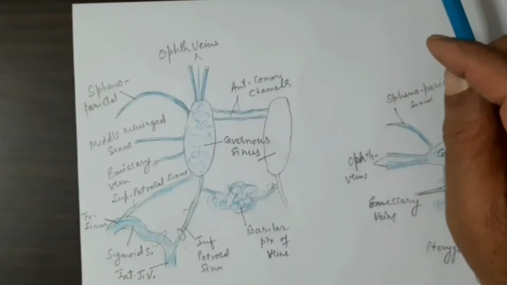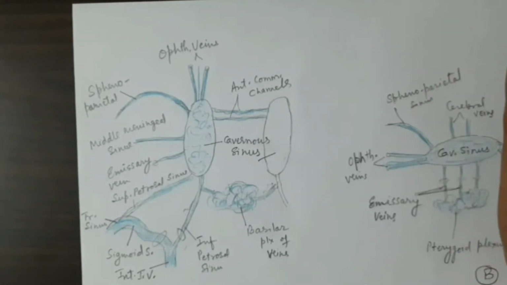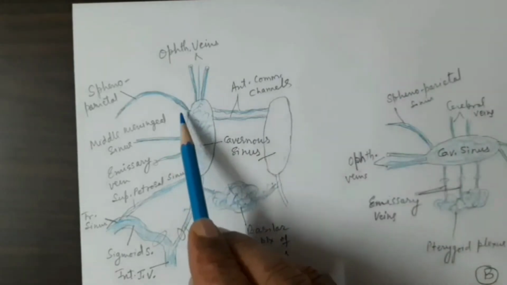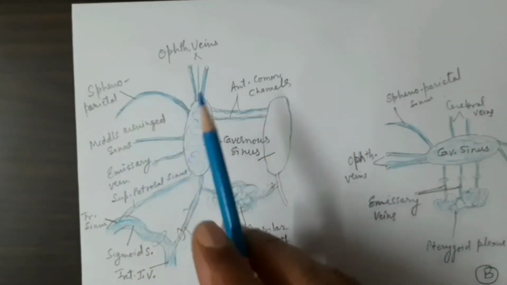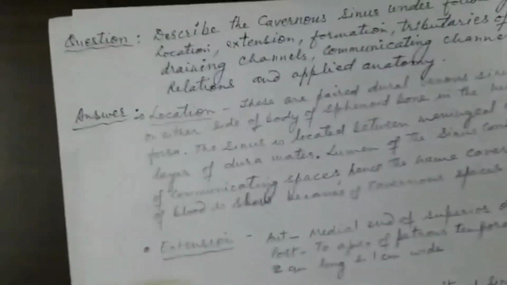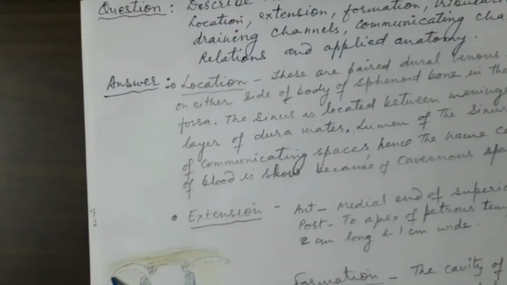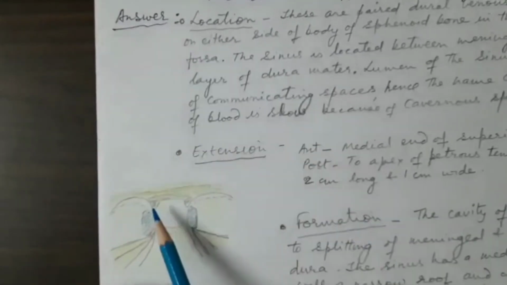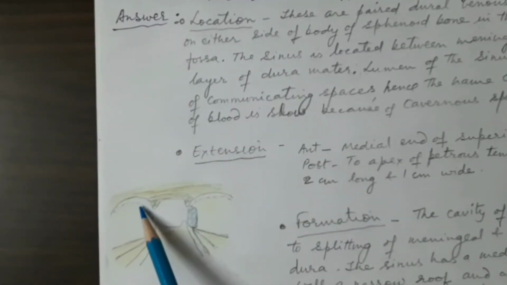Then there will be the sphenoparietal sinus, and this sphenoparietal sinus lies on the free margin of the lesser wing of the sphenoid here. So this is the lesser wing, this is the greater wing, the superior orbital fissure, and this is the free margin.